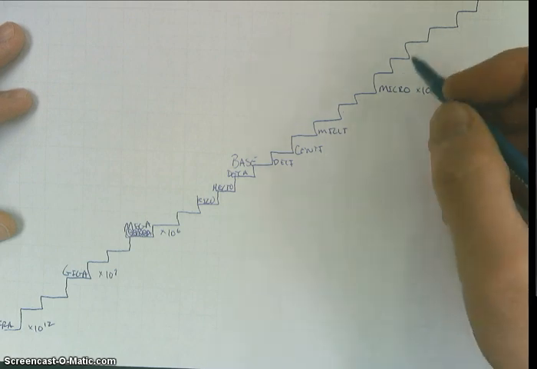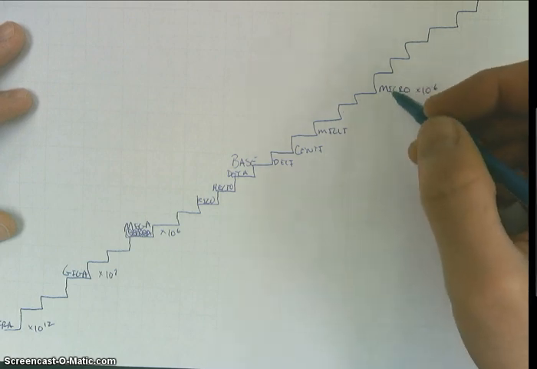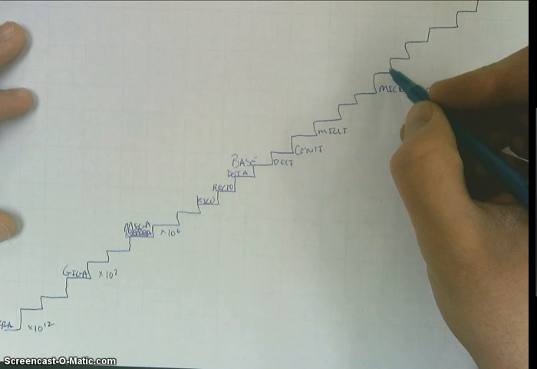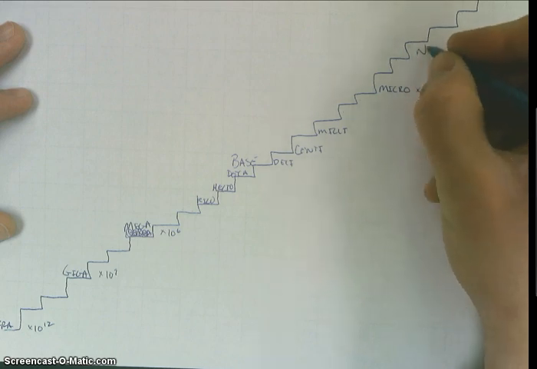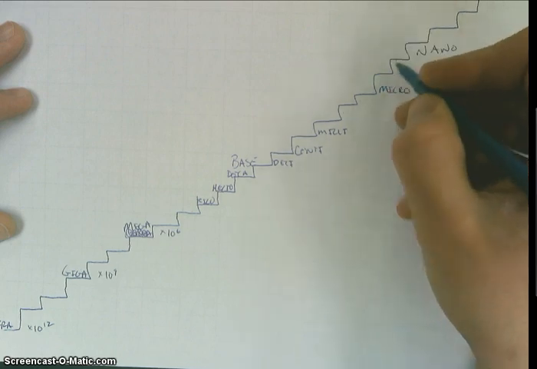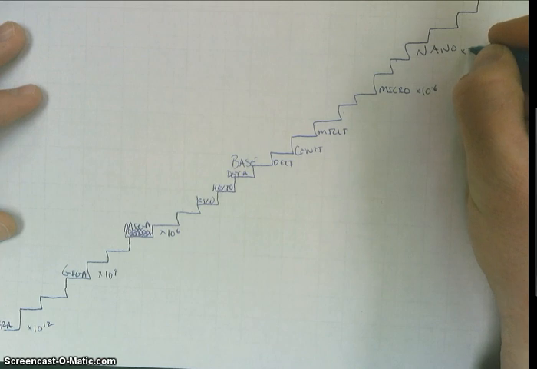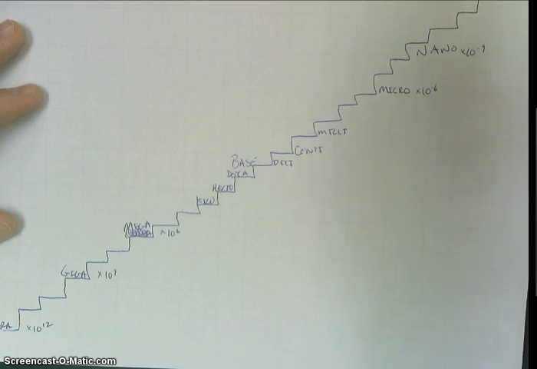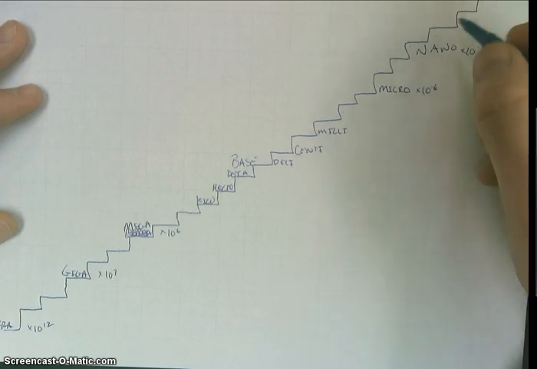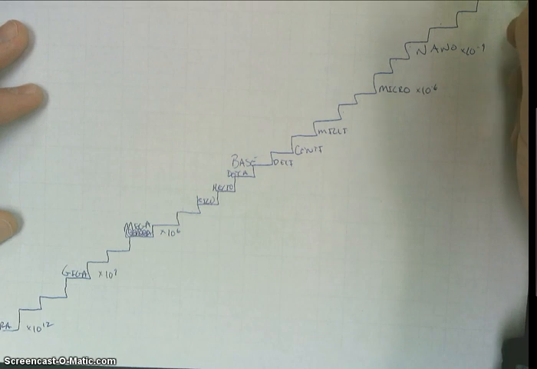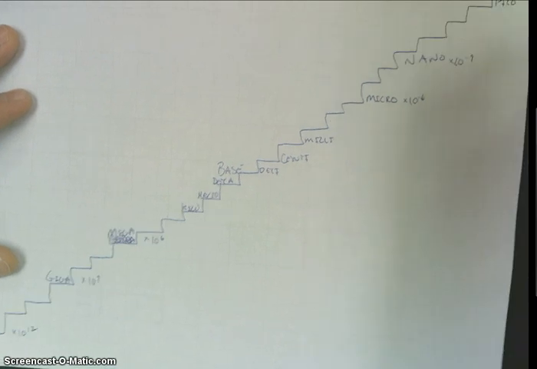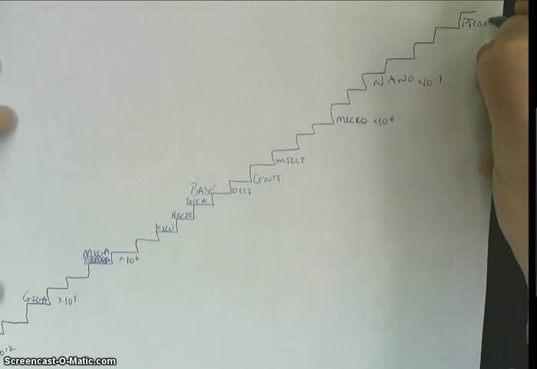Okay, if we keep going smaller than micro, we'll get to nano. Okay, and nano is times 10 to the -9, and then even smaller than that is pico. Okay, and that's times 10 to the -12.